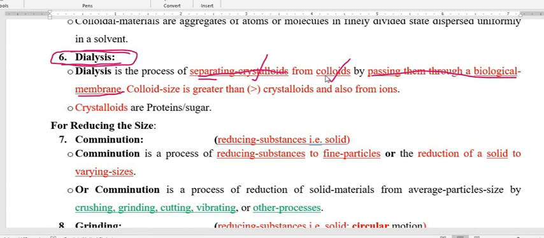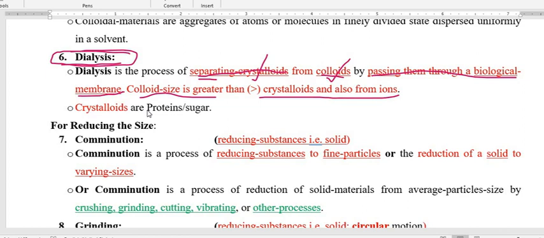Usually the size of the colloid is larger than the crystalloid. So simply, this is the process of separating the crystalloid from the colloid by passing it through a biological membrane, and it is called dialysis.